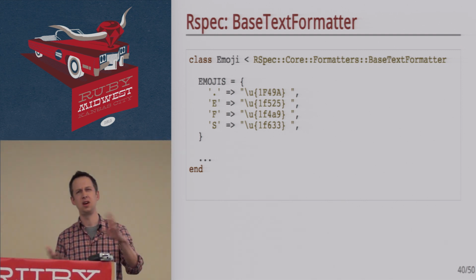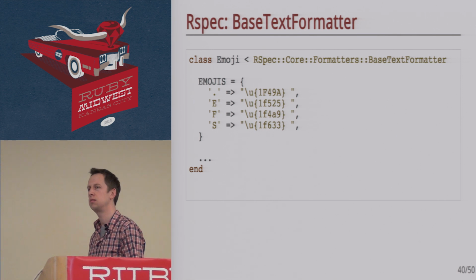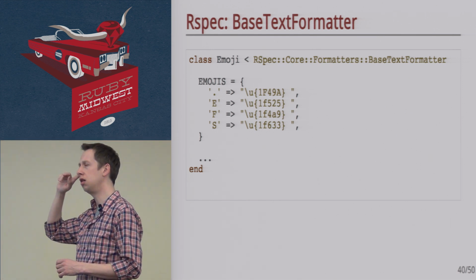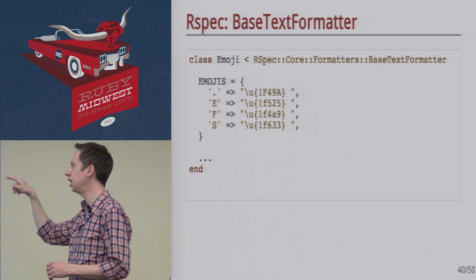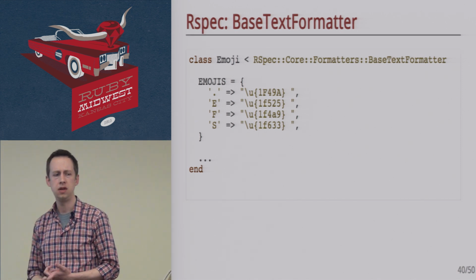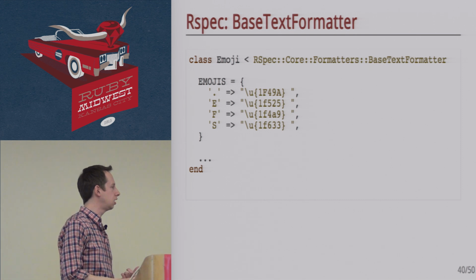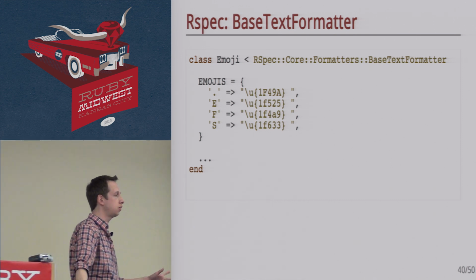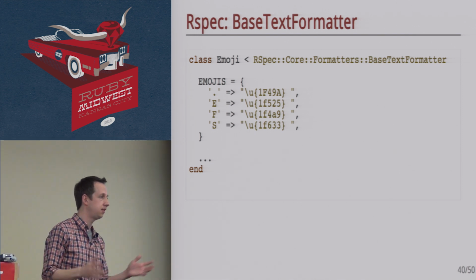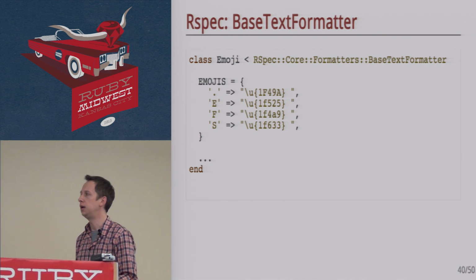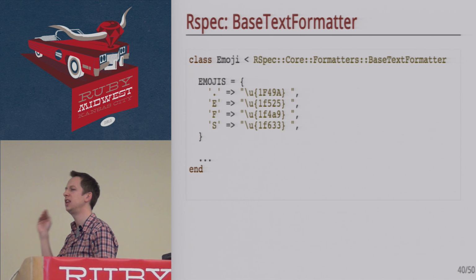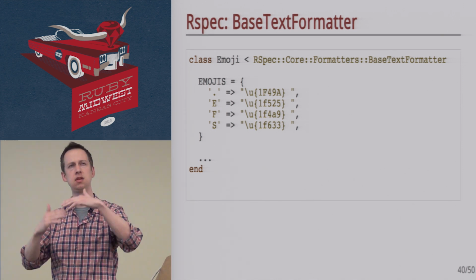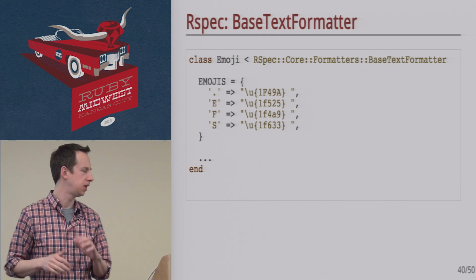RSpec ships with maybe half a dozen of its own text formatters. Most of them, if not all of them, inherit from BaseTextFormatter, but they have a progress bar, I think, in there, and also if you wanted to output your test results to an HTML file, that's shipped with RSpec. What else? Oh, I think they have TextMate capabilities. You can run your tests within TextMate. I think that's about it.